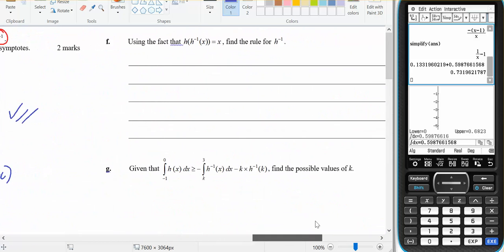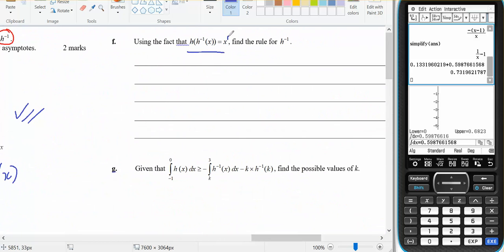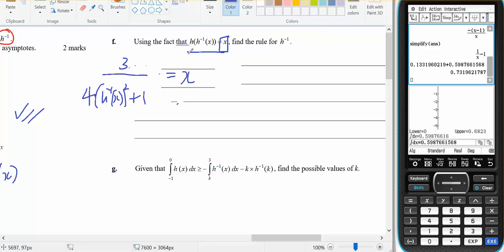And using the fact that the inverse equals x, so 3 on top of 4x squared plus 1 equals x, find a rule for that. Okay, so that's what h of x is. So I've actually got h, and I've got this where x appears.